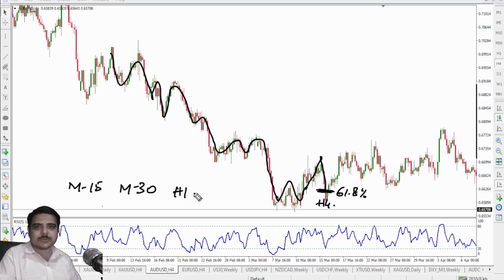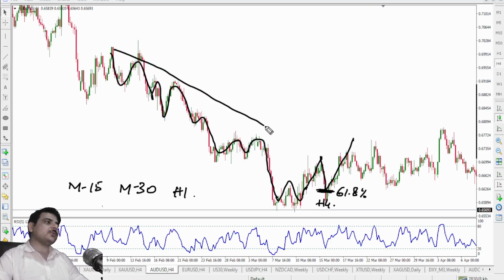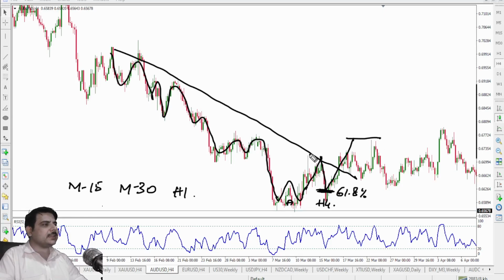And this is what I have seen in my practice. So how we will know that the trend is finally over is when we get a break above this whole area. And right here we have got it. Even we have got this A, this is B, 61.8% retracement at C, that is the D. Even we have got a very nice double top up there.